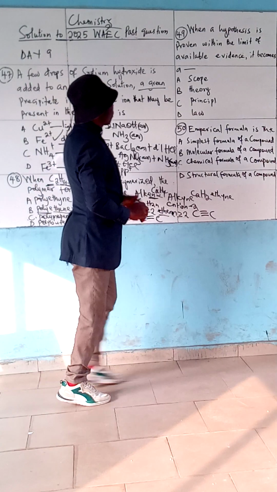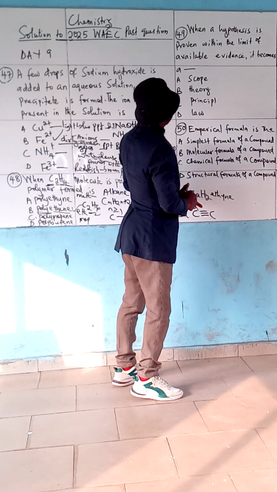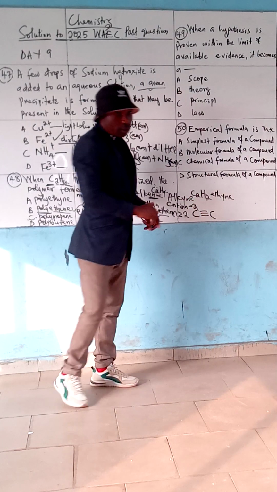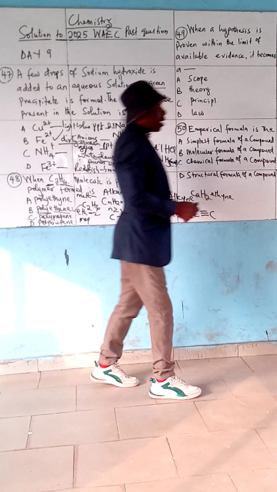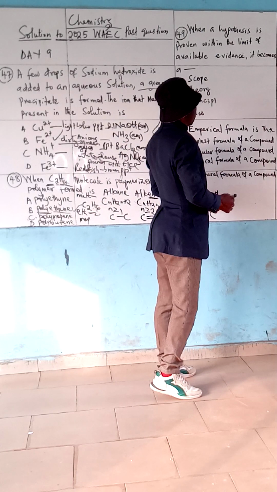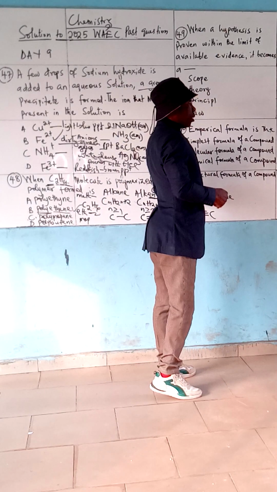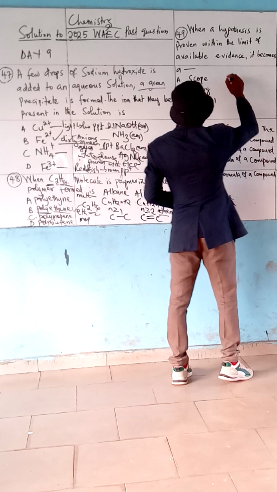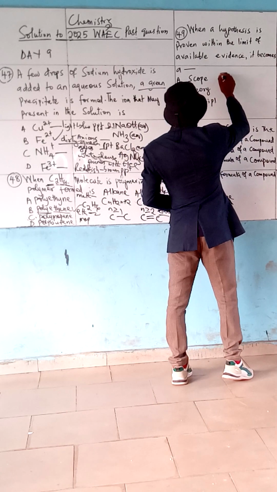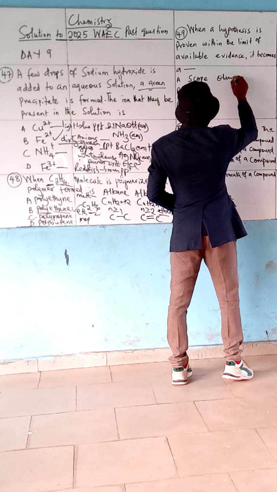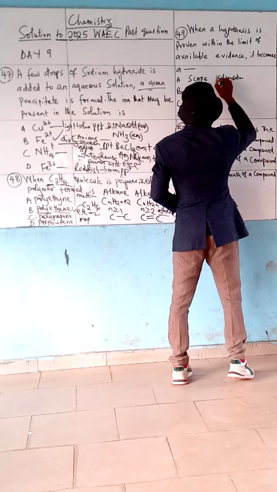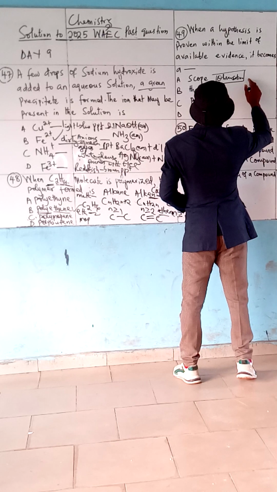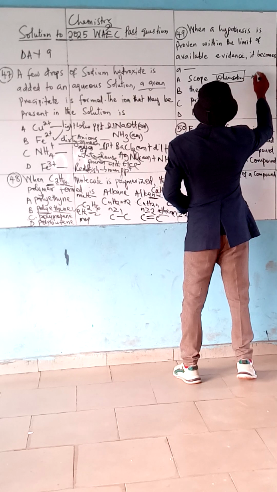Question 49. When a hypothesis is proven within the limit of available evidence, it becomes dash. In scientific methods of discovery or analysis, of course, we have observation. From this observation, the science process gives now directly what you see, the hypothesis.